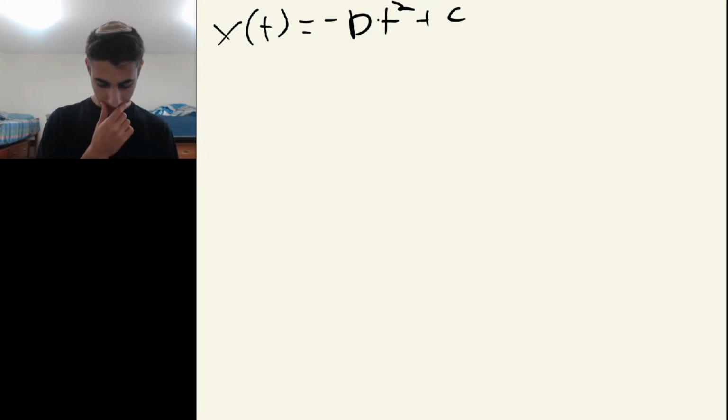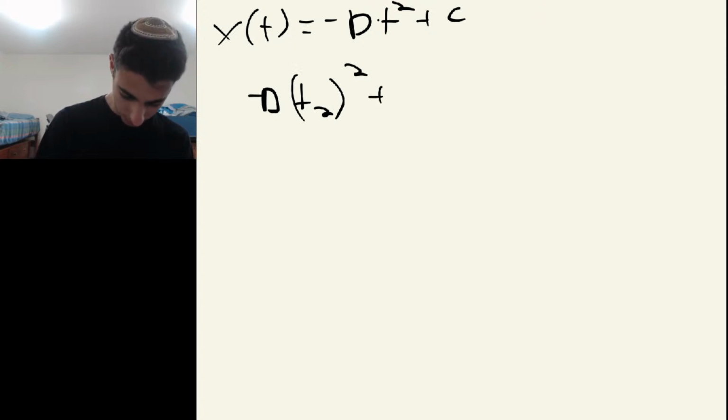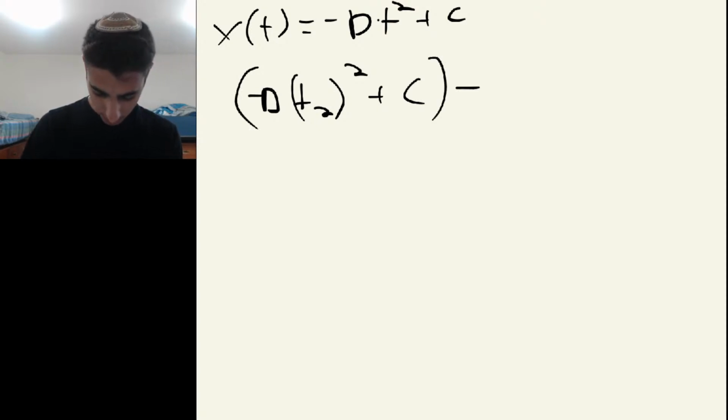Now the average velocity is going to be negative d times t sub 2 squared plus c, all that, minus negative d times t sub 1 squared plus c.